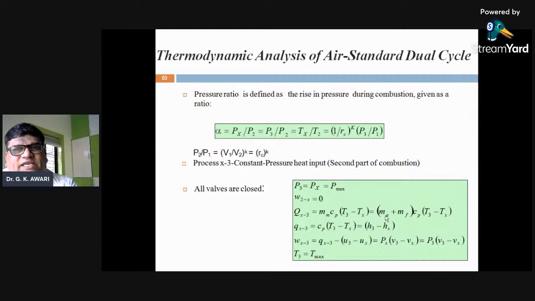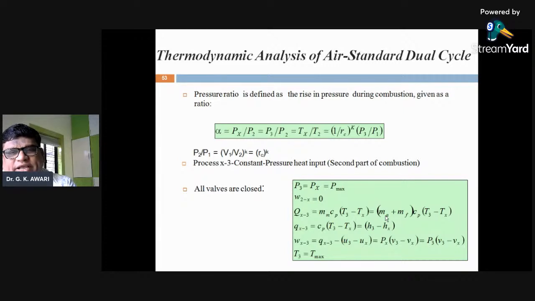Process x3, constant pressure heat input, that is the second part of the combustion. Here also all valves are closed. So P3 is equal to Px is equal to Pmax. So Qx3 is equal to m Cp (T3 minus Tx), which is equal to (Ma plus Mf) Cp (T3 minus Tx).